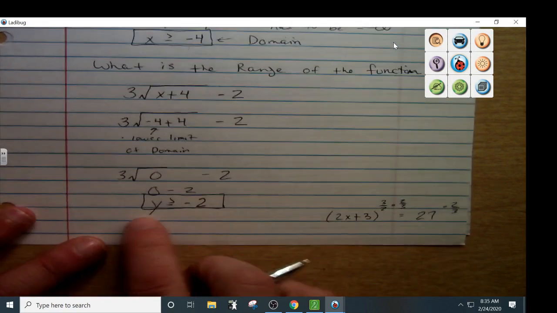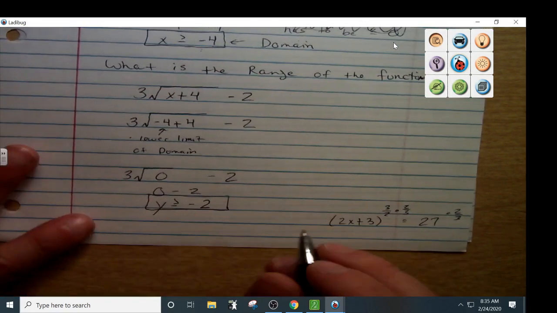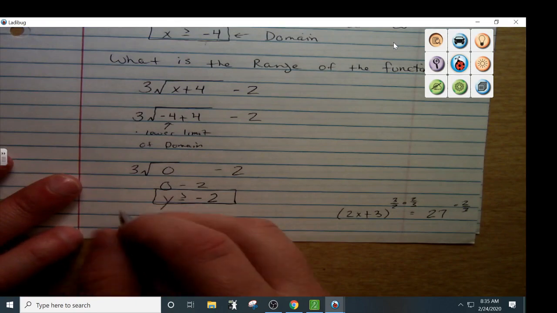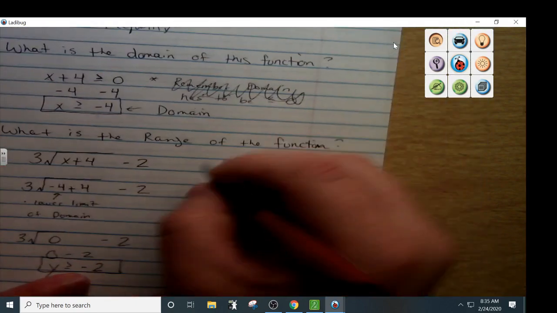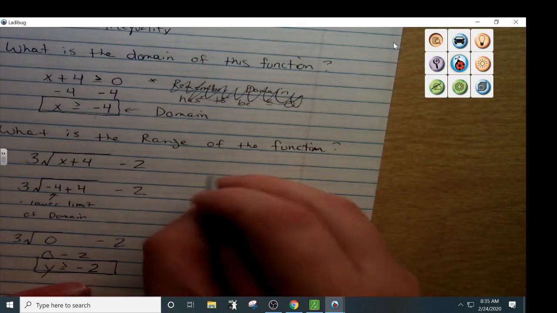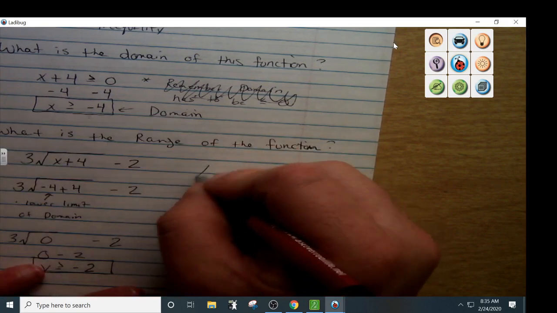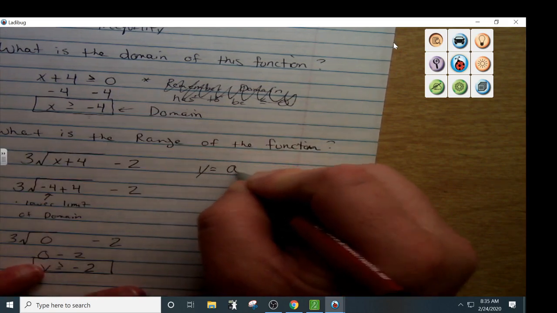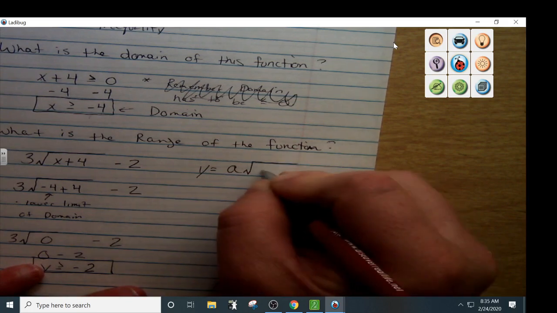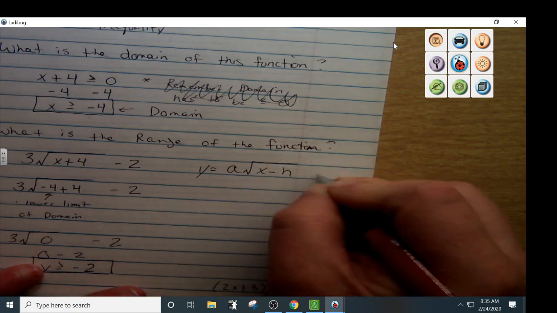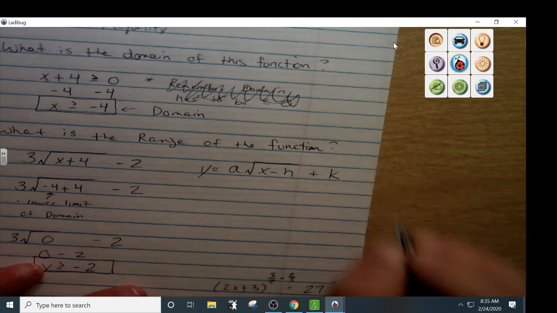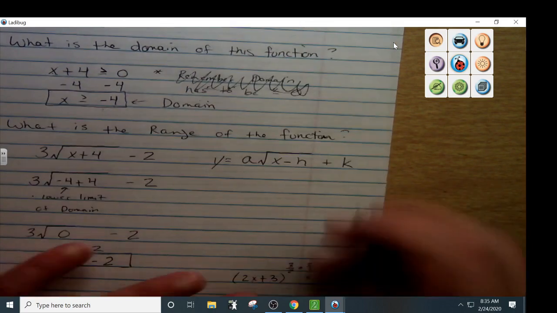Guys, make sure you put this down. Now, guys, remember. Let me show you what the general form of this is. All right. This is your general form.